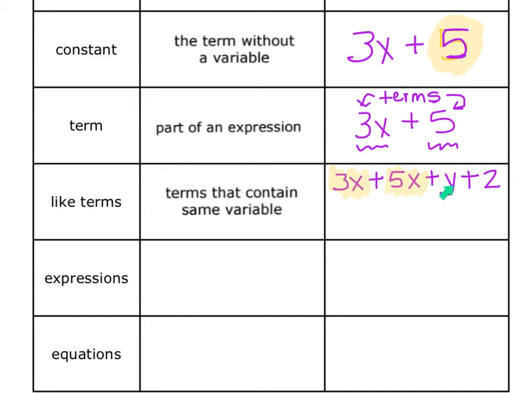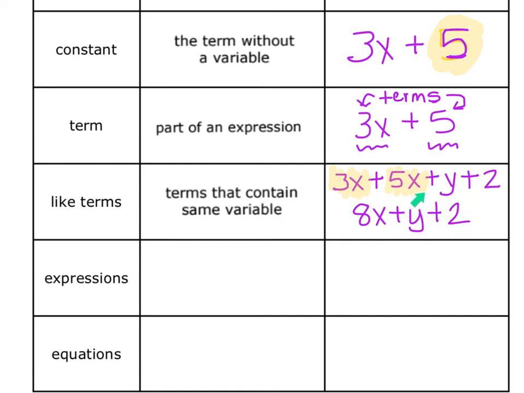Can I include y in there? Is y the same thing as x? It's not. Wherever x is, it will have to be the same. If x is kittens, this has to be kittens, this has to be kittens. Y is puppies. So I can combine them. What is 3x plus 5x? If I combine the things that are similar, I would get 8x plus y plus 2.